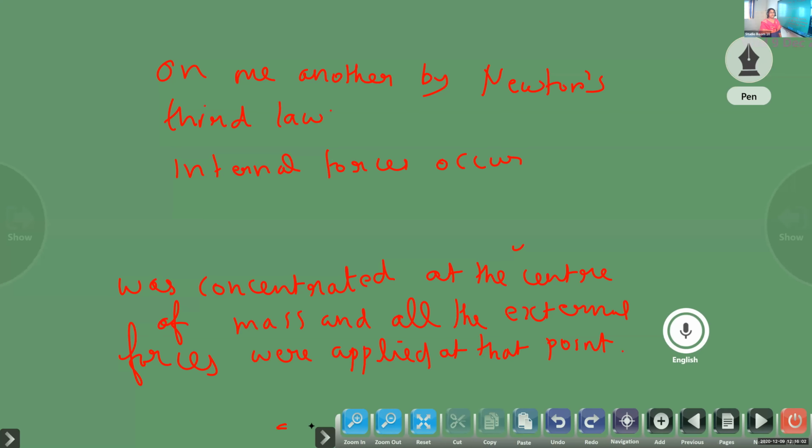So their contribution is zero. Why is it said pairs? By Newton's third law, the action and reaction forces act on two different particles. Correct? So that is in pairs.